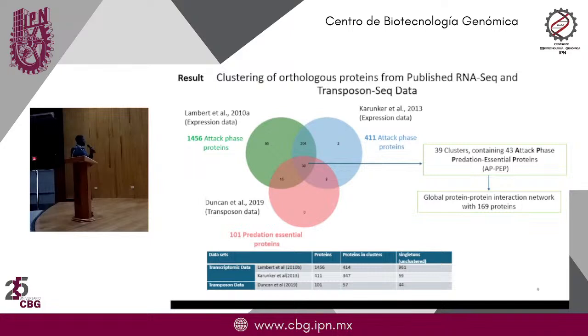We overlapped that with the transposon data from Duncan et al., which was 101 proteins. What we found was a central overlap of 33 clusters. OrthoVenn does a clustering, and these 33 clusters contain 43 proteins. We termed these 43 proteins the attack phase predation essential proteins, APPEP for short.